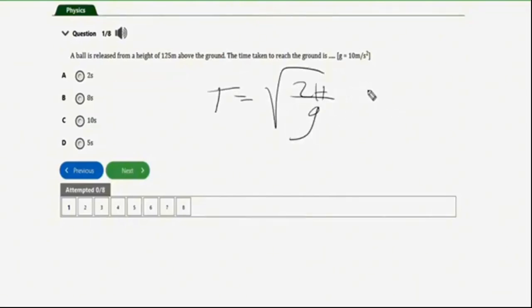As usual, the parameters for this question: we have our height to be 125 meters, and the acceleration due to gravity to be 10 meters per second square.